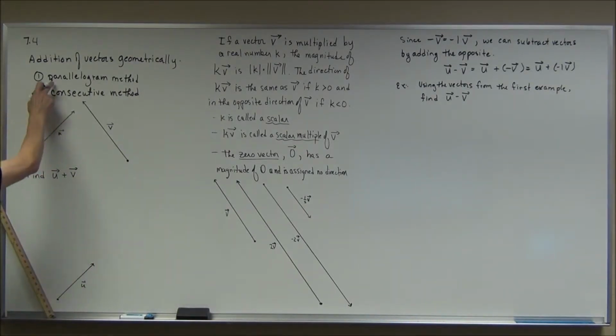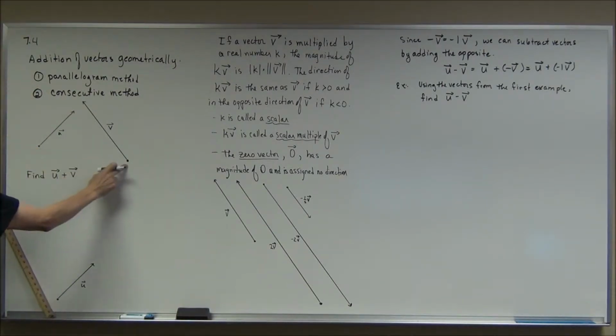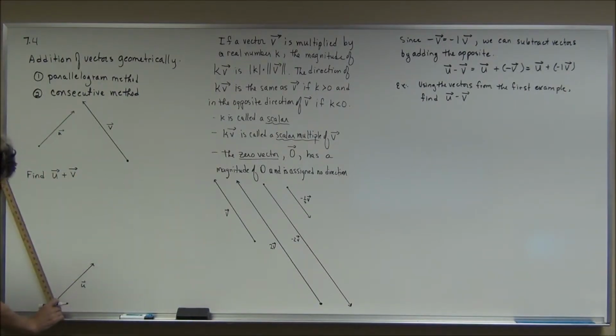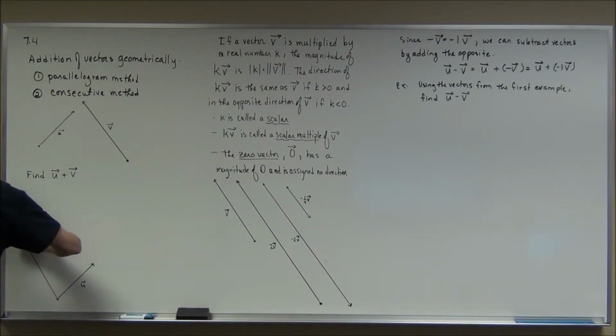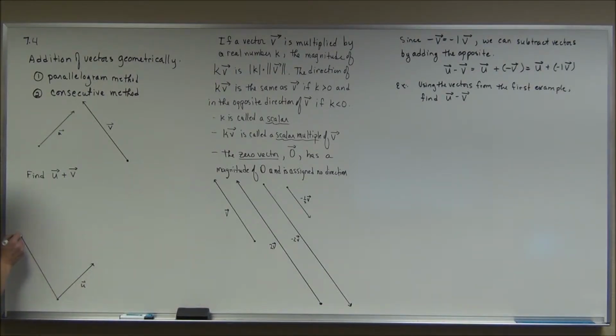Now, when you do the parallelogram method, this is the first method I'm doing, we want the tails, the initial points, to be the same spot. So I'm going to try to get my angle, to get my direction, and then count. Right there, we go, and this would be vector v.